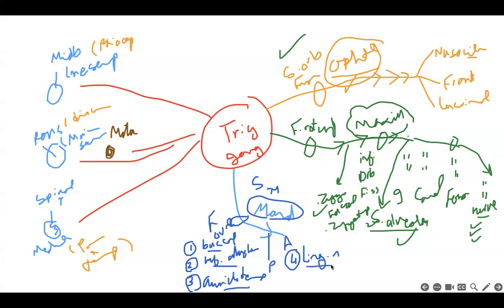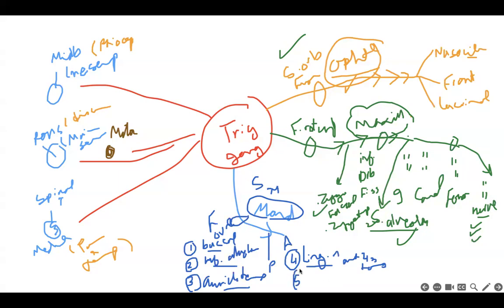So any lesion of the mandibular or lingual nerve causes loss of anterior two-thirds general sensation, and this is very common during extraction of the last molar, the lower last molar.